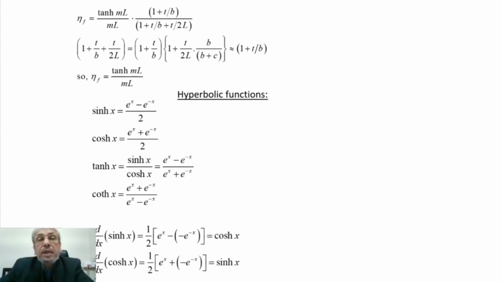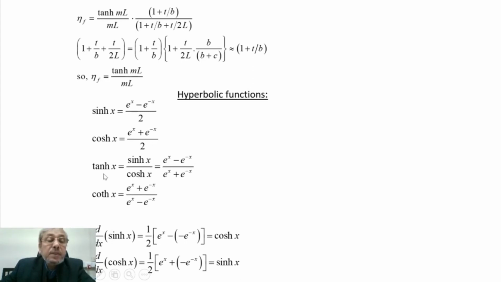Now, in the analysis of fin with constant cross section, you will see that we can have a few other examples also. Maybe in practice problems you will get such problems, but here we have to always remember hyperbolic functions. Sinh x is e to the power x minus e to the power minus x by 2. Cosh x is e to the power x plus e to the power minus x by 2.